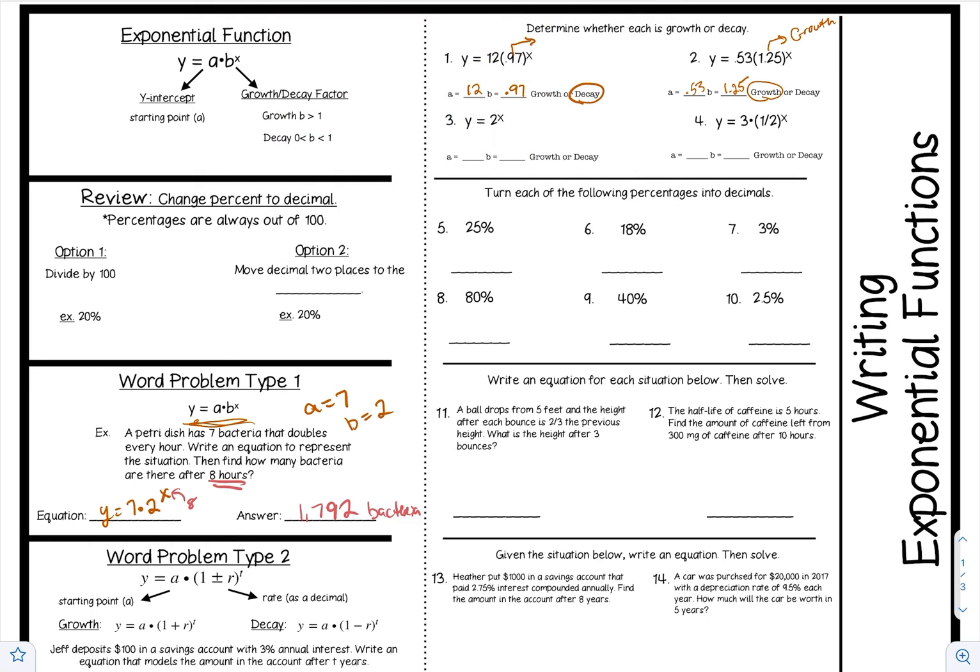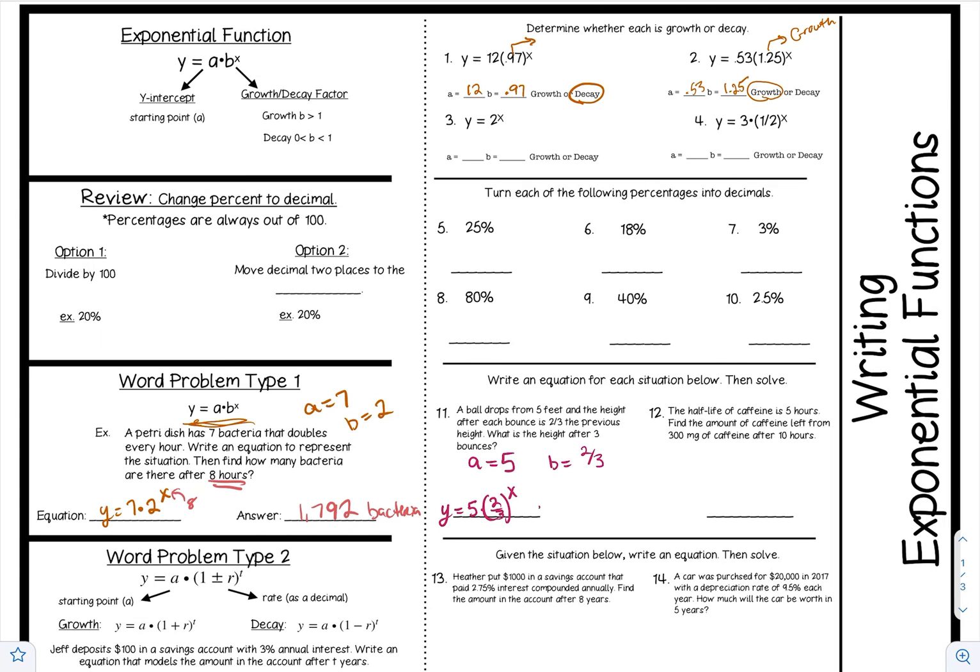All right, so for number 11, it says a ball drops from 5 feet. So that lets us know our starting point, or a, is 5. And since the bounce is always 2/3 the previous height, our b is 2/3. So our equation would just be y equals 5 times 2/3 to the x.